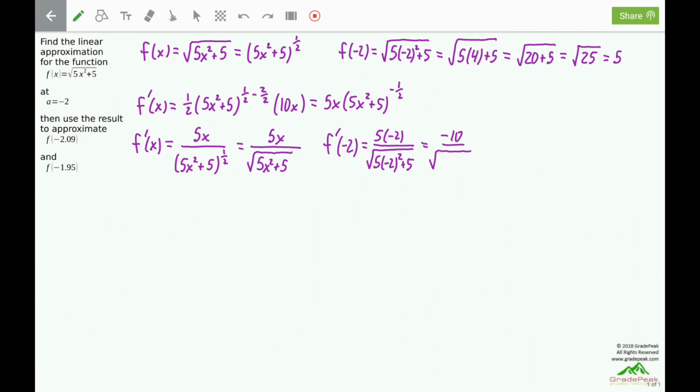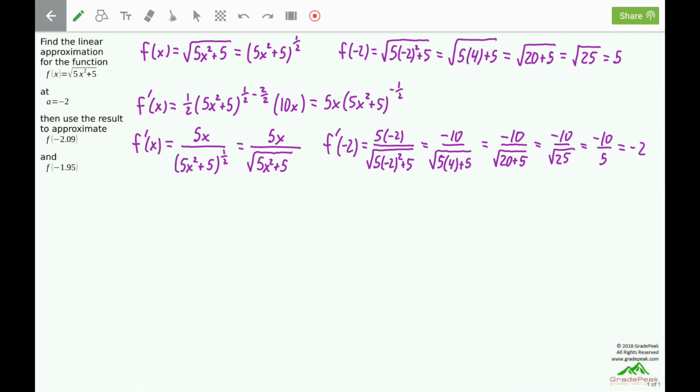In the denominator, negative 2 squared is a 4, 5 times 4 is a 20, plus a 5. So negative 10 over the square root of 25. The square root of 25 is a 5, so negative 10 over 5 comes out to negative 2.